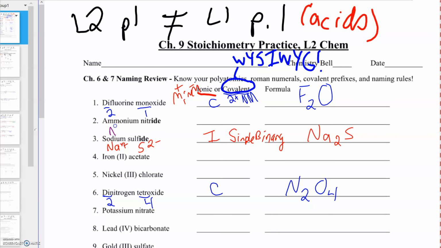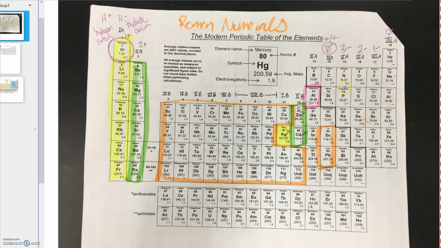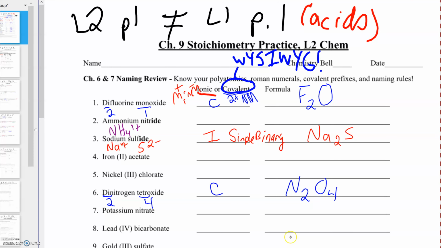So ammonium is NH4 1+, and then nitrogen on the periodic table, nitride is always in the 3- column. So we have N3-. So do your crisscross. We've got to get a 3+ to balance out that 3-. So it's going to be NH4. Now I need 3 of them. So use parentheses to show there's 3 of that group, and there's 1 nitrogen.